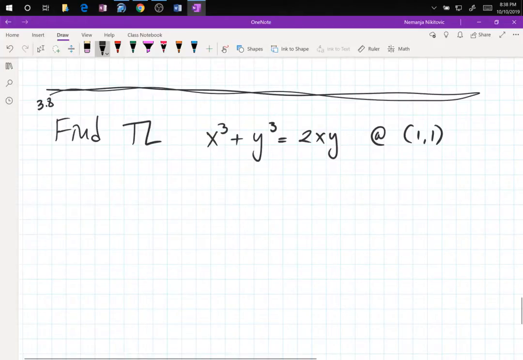Copy the first, 2x, derivative of y, dy/dx. Copy the second one, y, derivative of x, dx/dx. Good. So dy/dx becomes your m when you plug in, and then all the other terms.